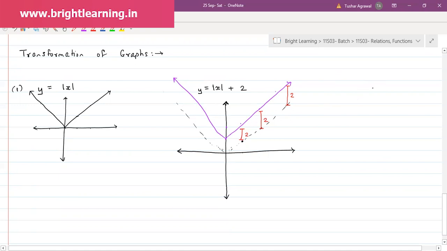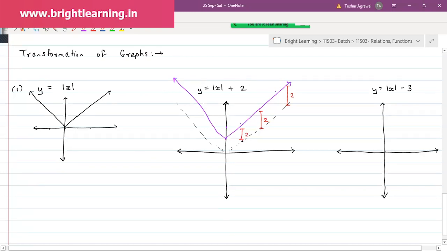And let's say y is equal to modulus of x minus 3, if I tell you. What was my graph of mod x? Mod x graph was something like this.